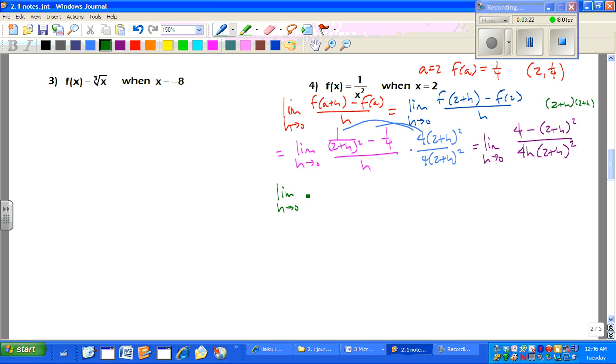So we have the limit as h approaches 0 of 4 minus, and when we multiply this out we get 4 plus 4h plus h squared. So we can distribute that minus. We get 4 minus 4 gives us 0, minus 4h minus h squared.